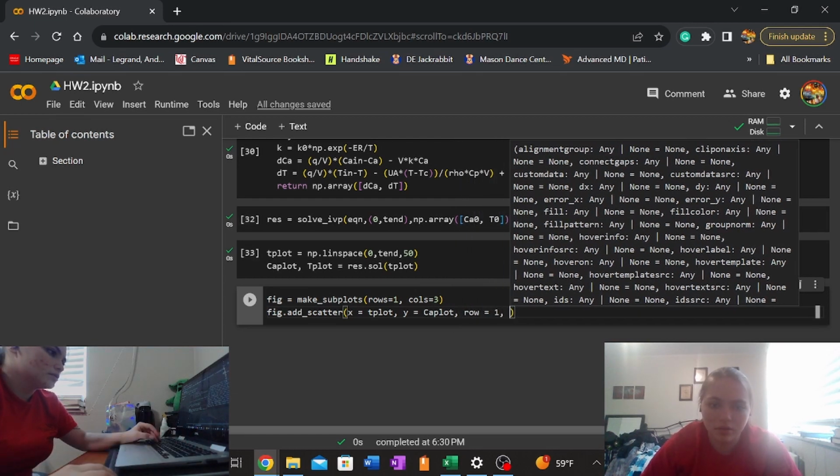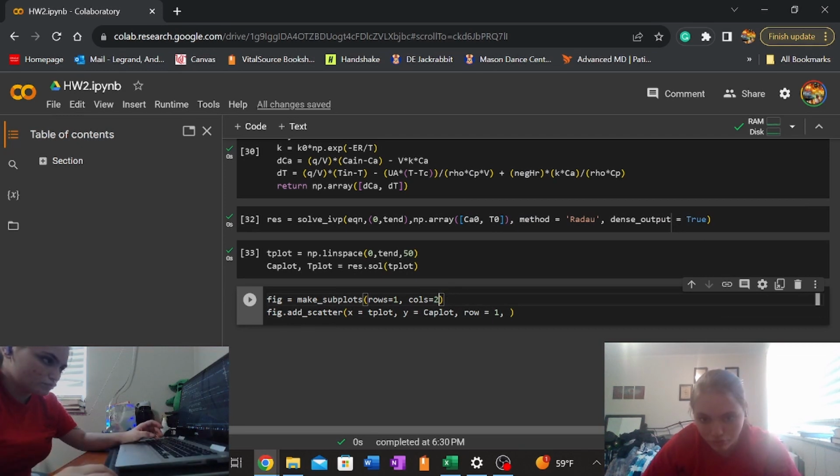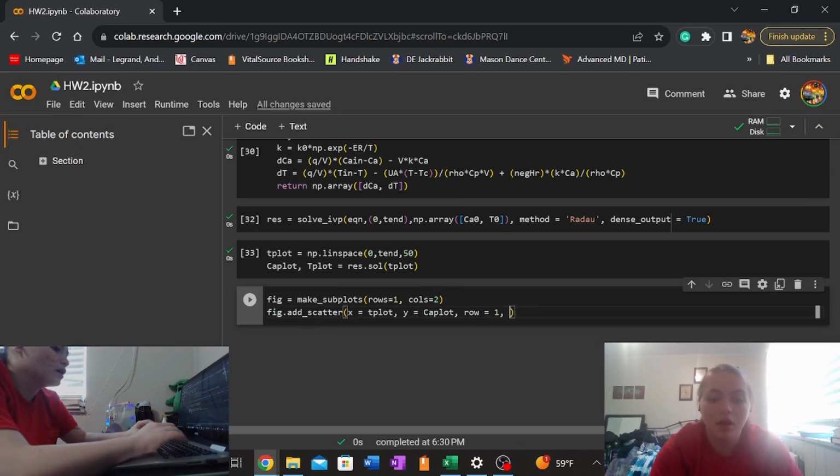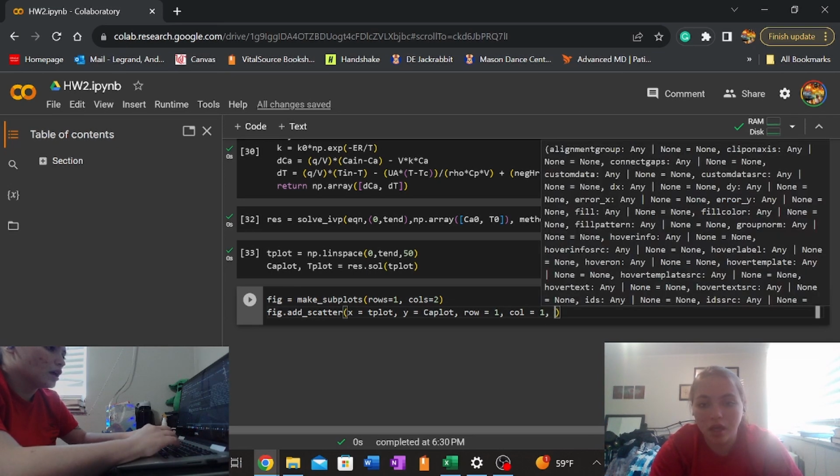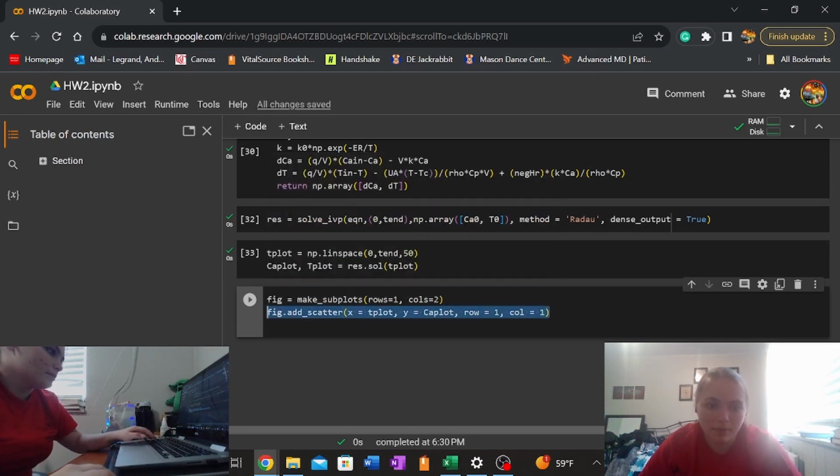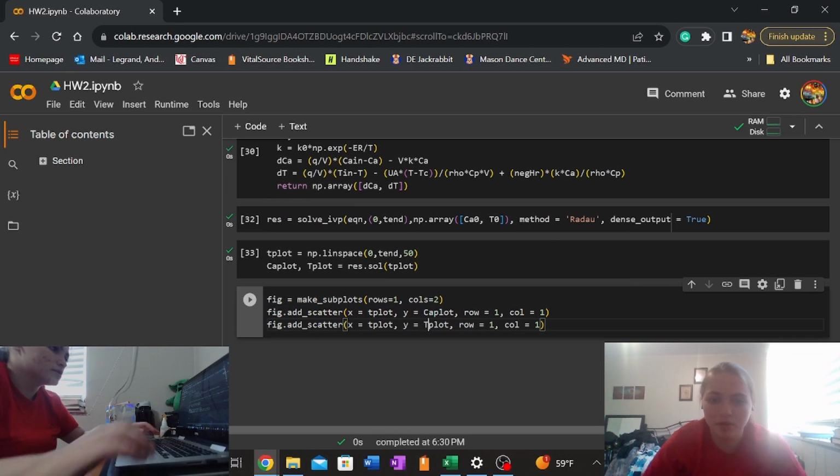Oh, wait, not 3, 2. Column is equal to 1. And then we are going to leave it at that. Okay, cool. And then copy paste, change the variables. So instead of CA, it is capital T plot, and the column is column 2.